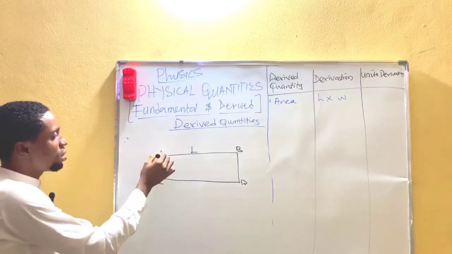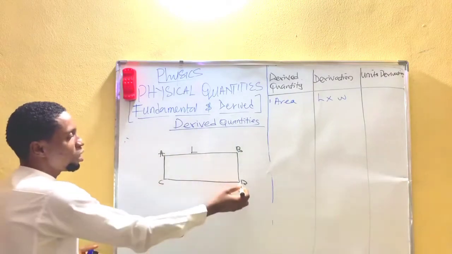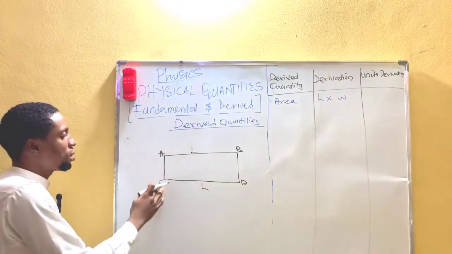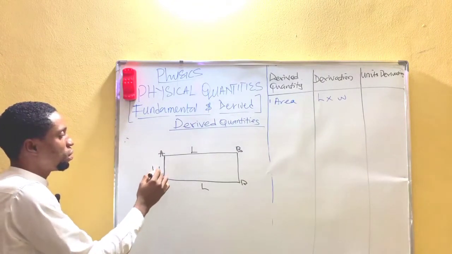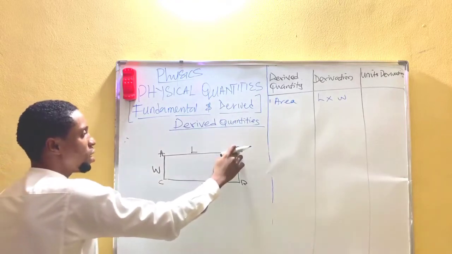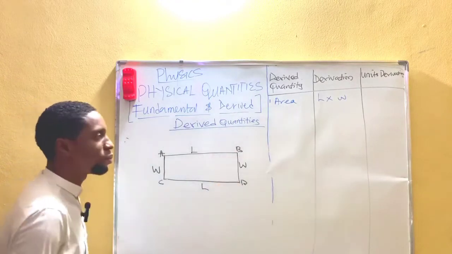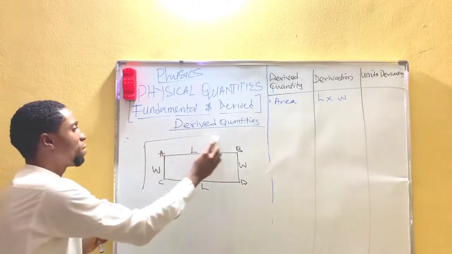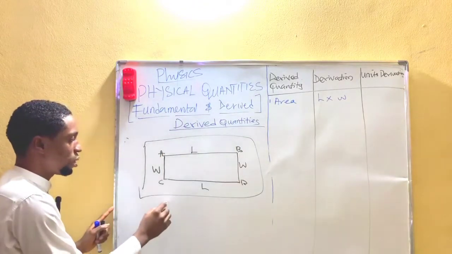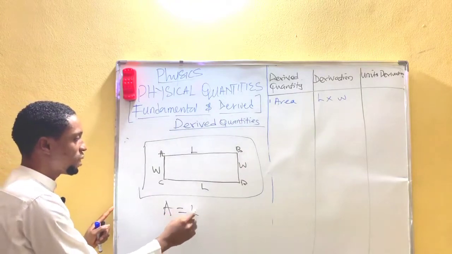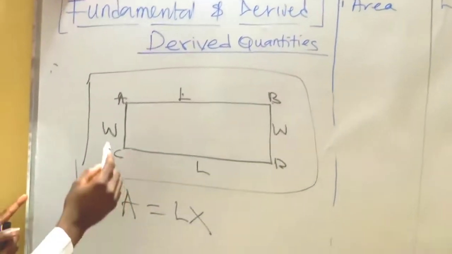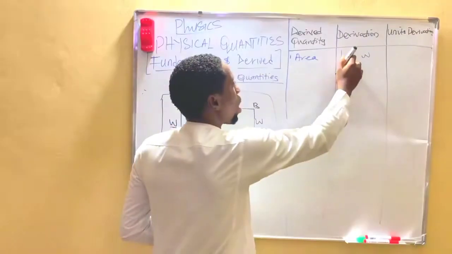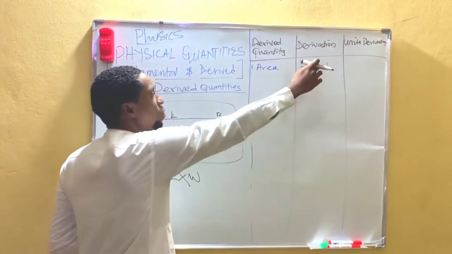And from this point C to this point D is length. This AC is width, and this BD is width. So the area of this rectangular surface is area equal to length times width.